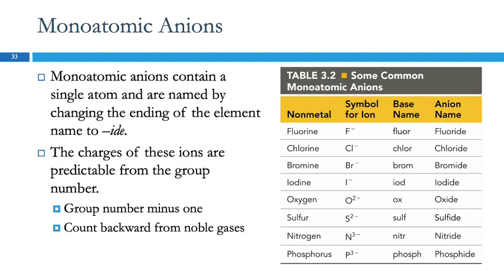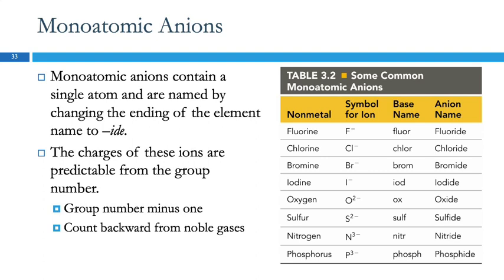So the metals, we've got groups 1A, 2A, 3A, zinc and silver. Their ion names are the same as their element names. The other metals, there could be more than one, and so it's going to be the element name with the charge as a Roman numeral. The nonmetals, you take the element name and you change the ending to "ide."